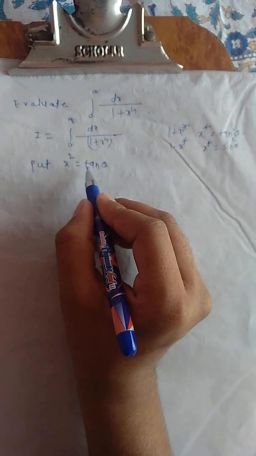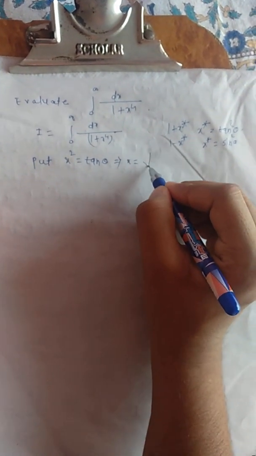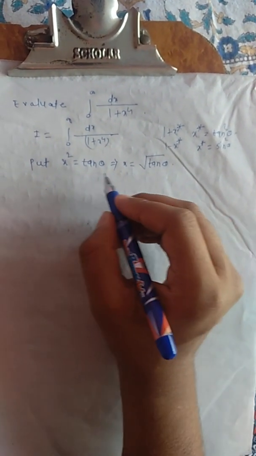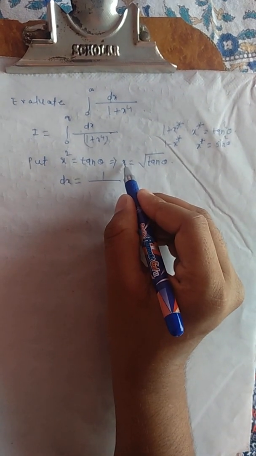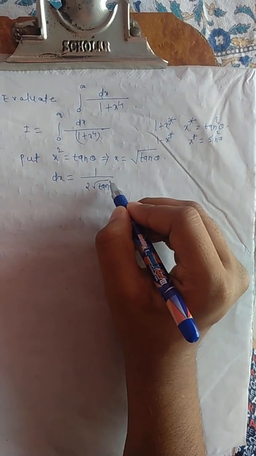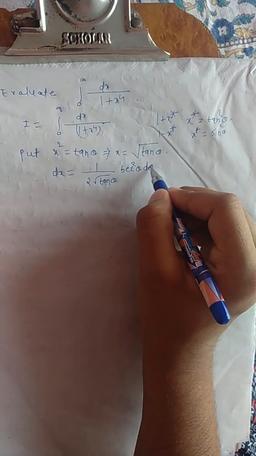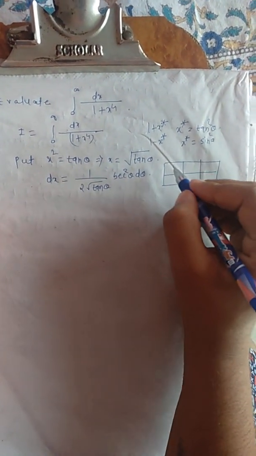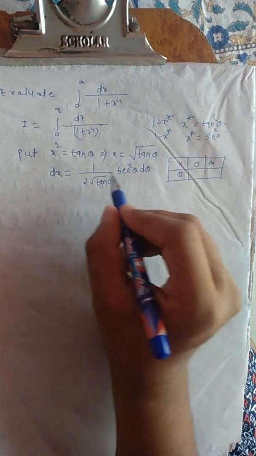Now by putting x square is equal to tan theta, it becomes x is equal to root of tan theta, and differentiating this, dx is equal to 1 upon 2 root tan theta into sec square theta d theta, since the differentiation of tan is sec square theta. The limits of integration become: x corresponding to theta is 0 and infinity.